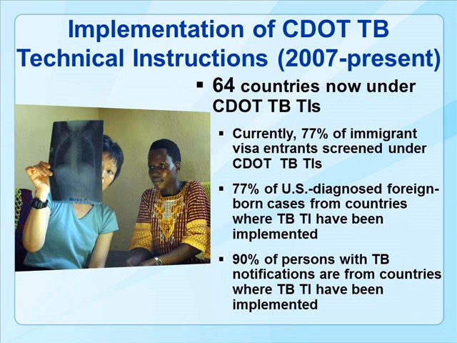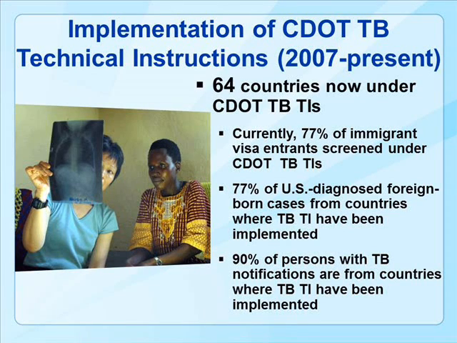When we say that this has been implemented in 64 countries, this translates to 77% of immigrant visa entrants arriving to the United States having been screened according to the culture and DOT TBTIs. It also means that about 77% of U.S. diagnosed foreign-born cases were born in countries where the TBTIs have been implemented.